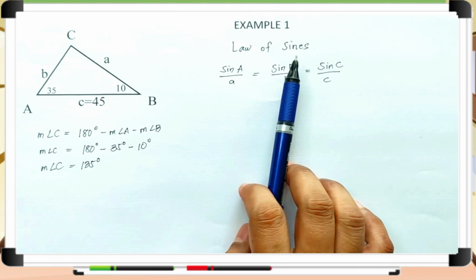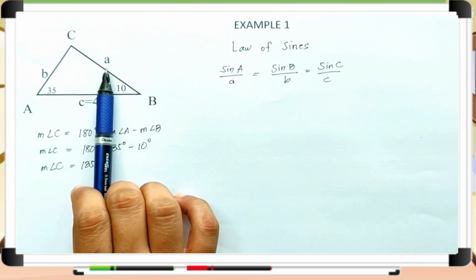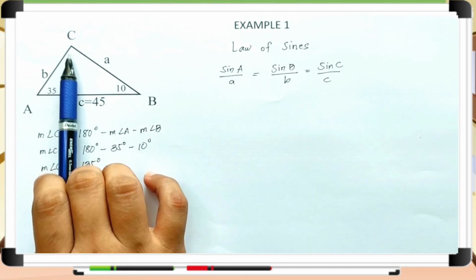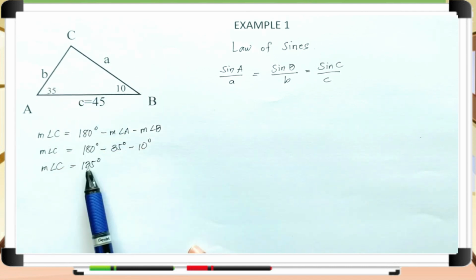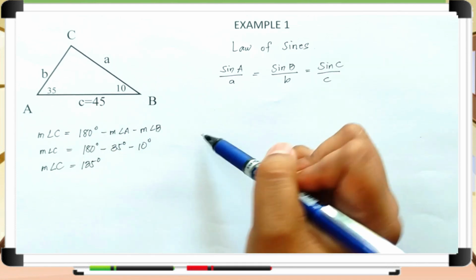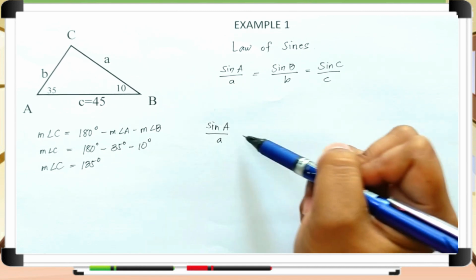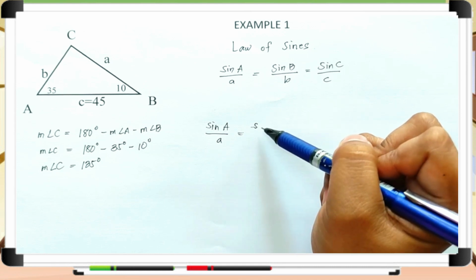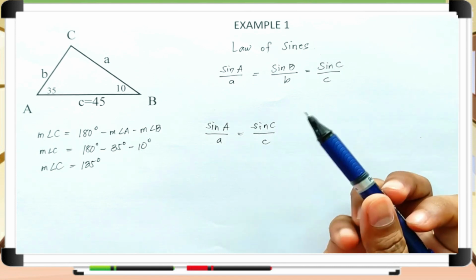Okay, using the law of sines, we have angle A and its opposite side A, therefore we're going to use sine A over A. Since we know already the value of C, angle C is 135 degrees and its opposite side is 45, we're going to use the formula sine A over A is equal to sine C over C. Substitute the given values.